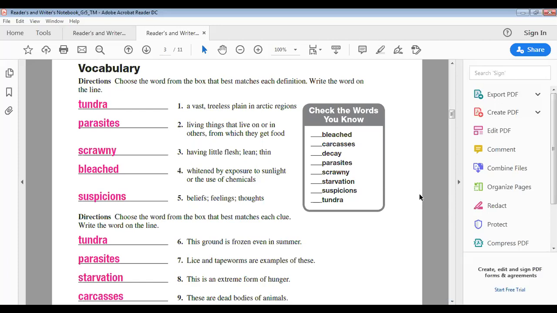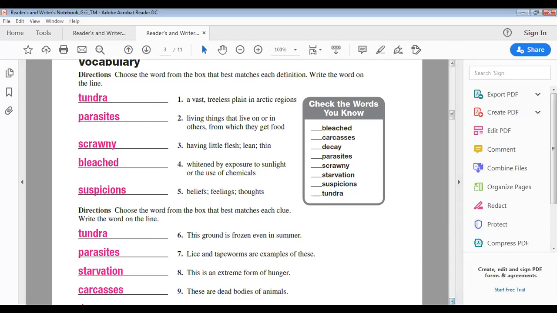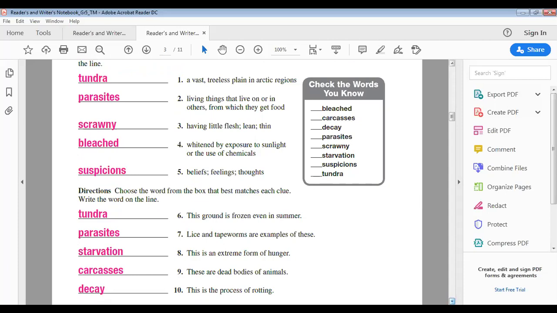And in the second exercise, the ground is frozen even in summer, tundra. Lice and tapeworms are examples of parasites. An extreme form of hunger is starvation. Dead bodies of animals are carcasses. And the last one, the process of rotting, decay.